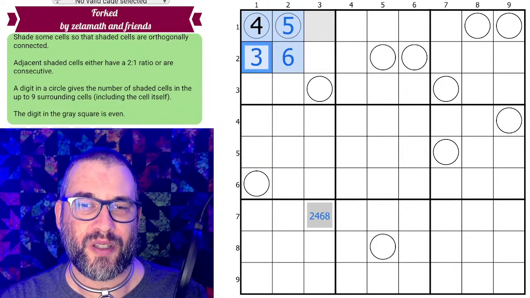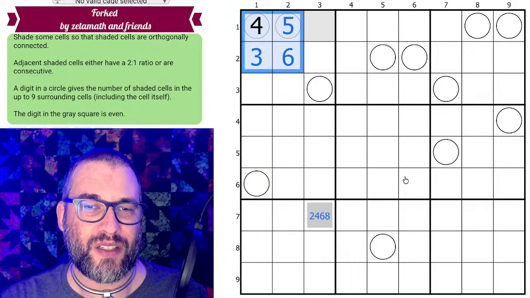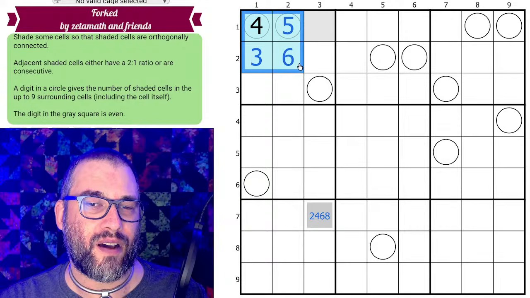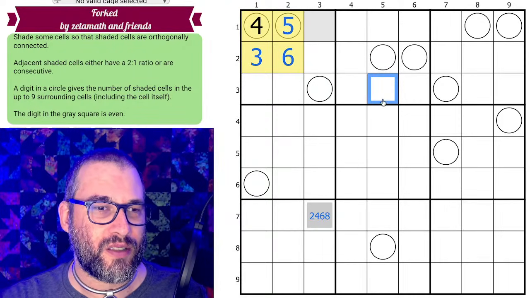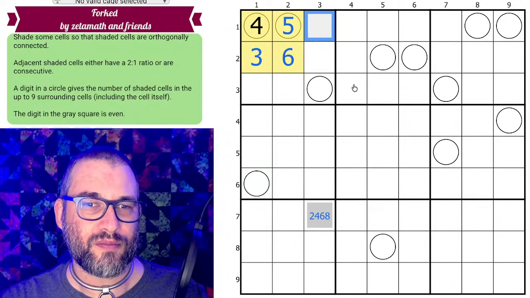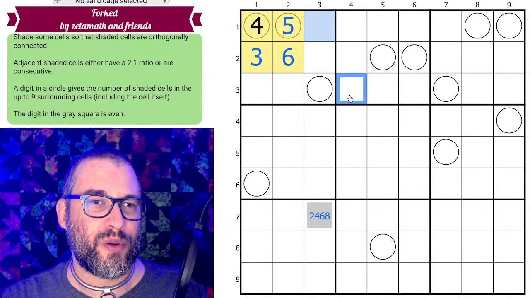Maybe too similar. Maybe shaded should be a brighter blue. Yellow. Okay. Shaded can be yellow. And let's make unshaded the blue.